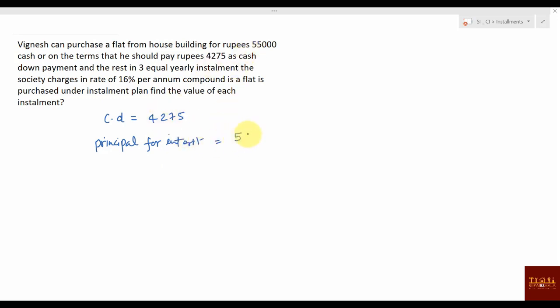No, it will be 55,000 minus 4275. So what will this become? 50,725. Sorry, 50,725. This is your principal, on this the interest will be given. Nothing will be changed. How many equal installments are there? 3 equal installments.